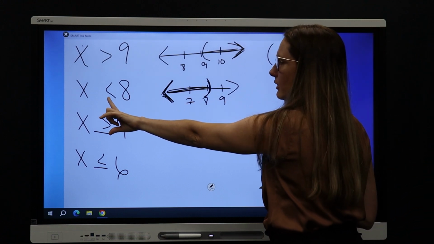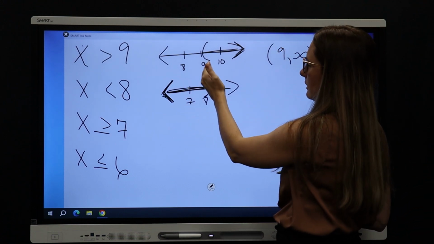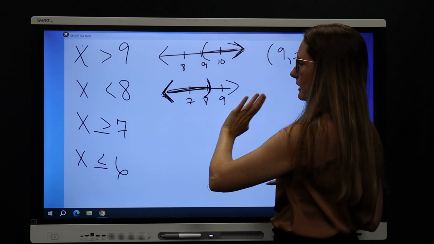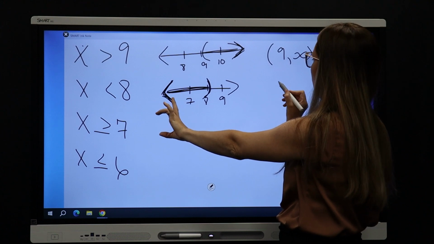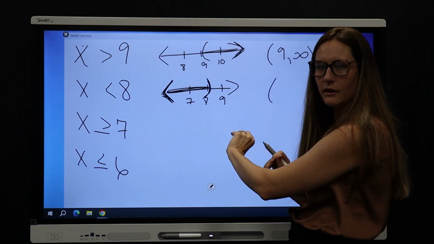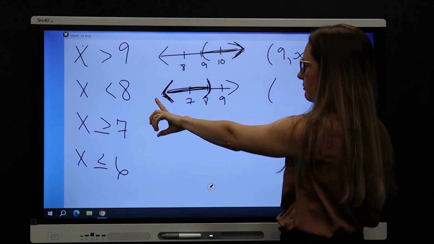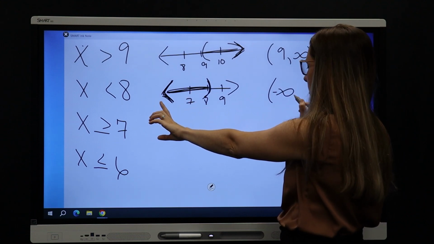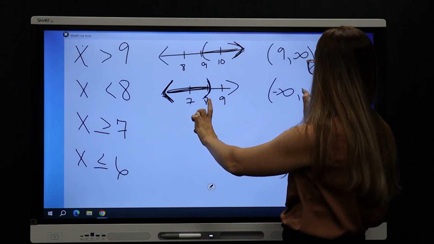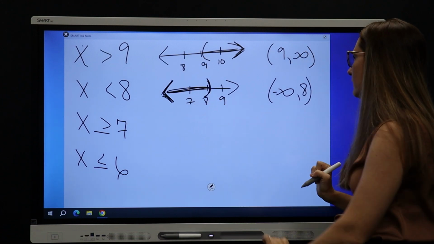So it goes the same way this arrow points down the number line. It's at 8, but it's not equal to 8, so it's a parenthesis, and it goes this way. So when we go to do interval notation, it's always least to greatest. So we're coming all the way from negative infinity because we don't know where this starts. So negative infinity to 8.